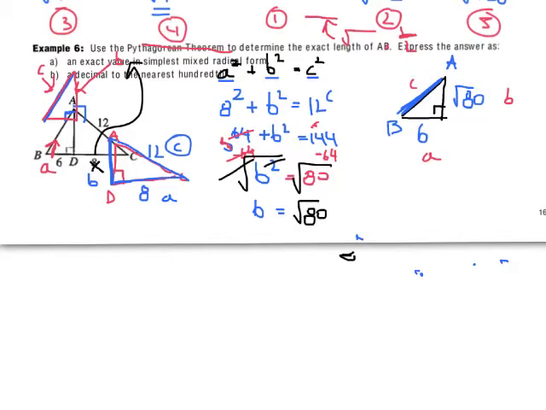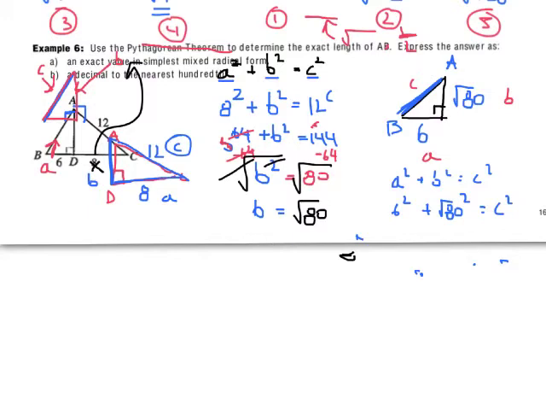So let's do our Pythagorean theorem again. This time I have A squared plus B squared equals C squared, and A in this case is 6 squared plus the square root of 80 squared equals C squared.